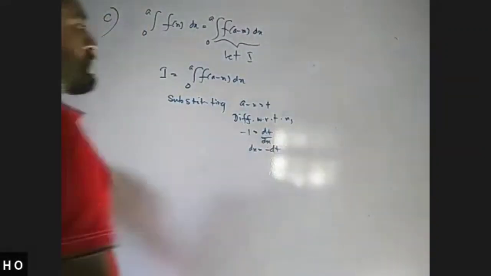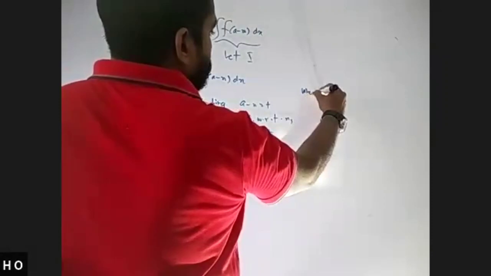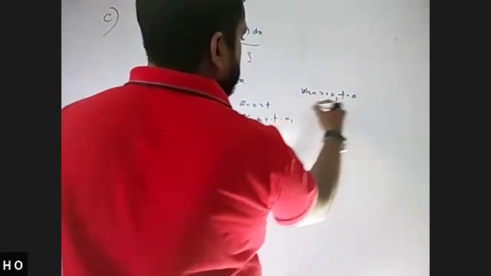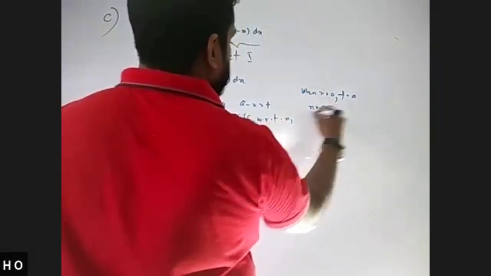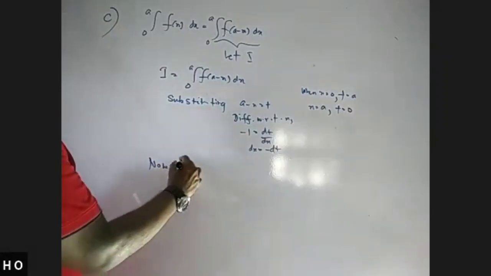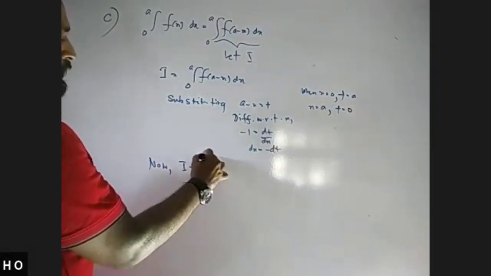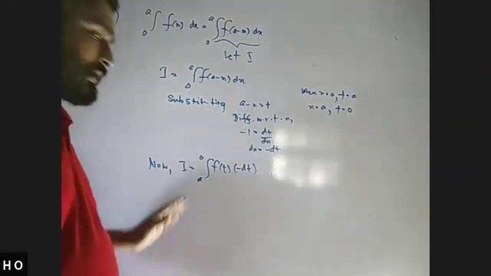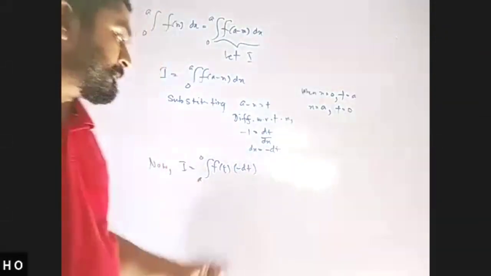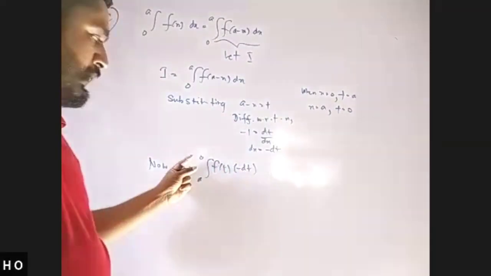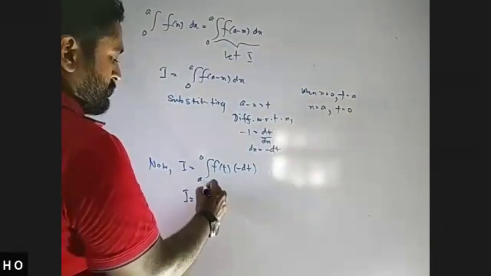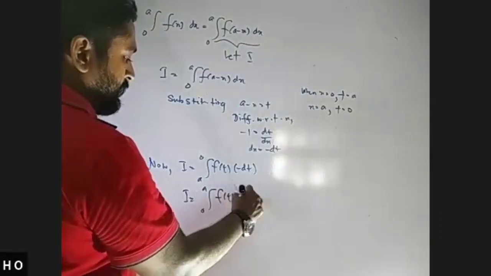For the limits, when x equals 0, t is a, and when x equals a, t is 0. Now you can update I. Now I is the integral from a to 0 of f(t) times minus dt. You can exchange this minus with the limits by swapping them. So I is going to be the integral from 0 to a of f(t) dt.